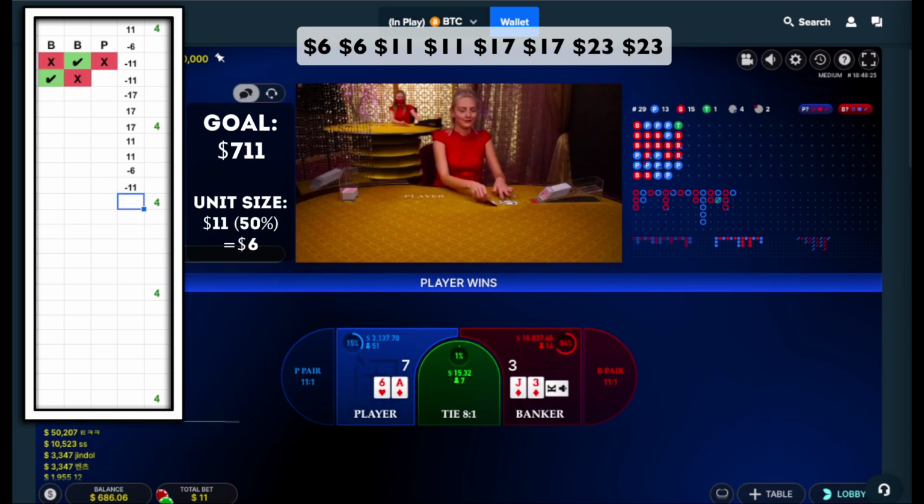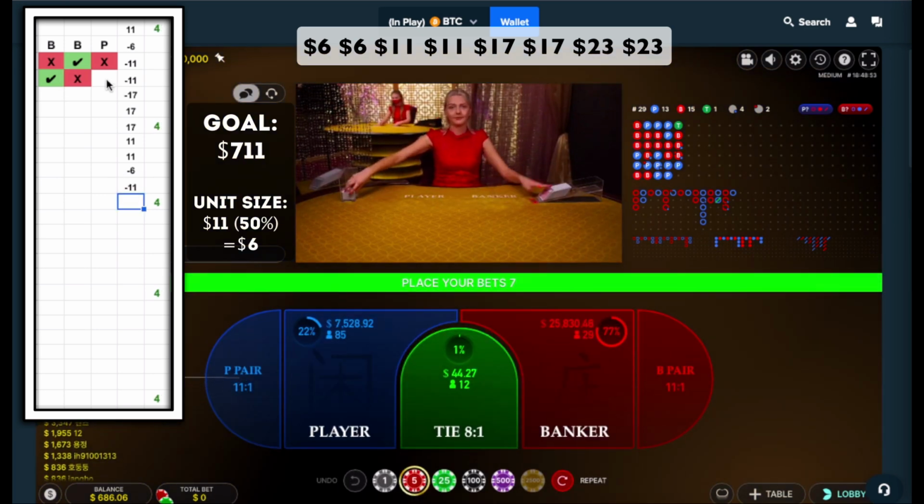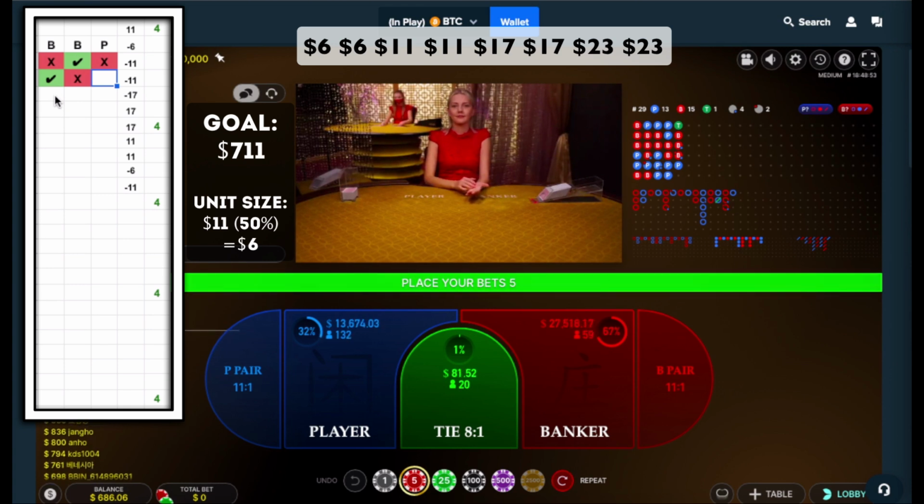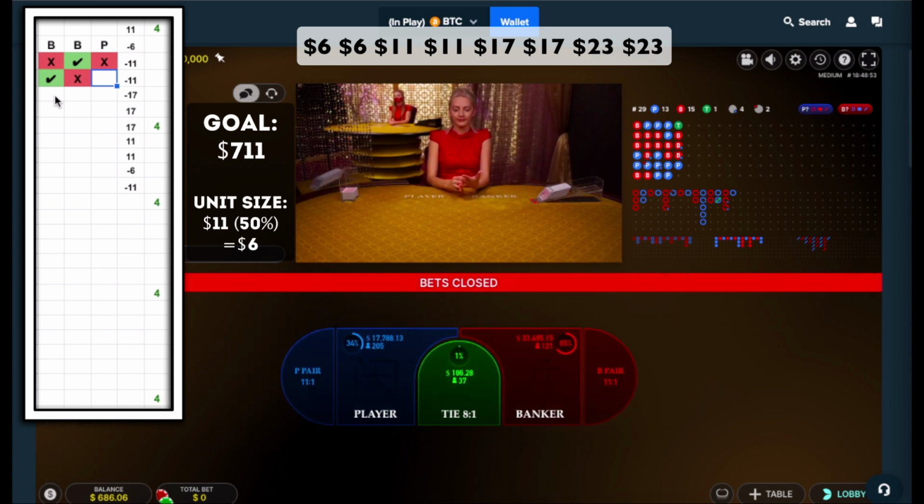So minus 11. Our next betting spot will be bottom left corner. And we're still trying to break the X pattern. So after this, it'll be another bet on banker for 11 as we are on the 4th step now of the progression.